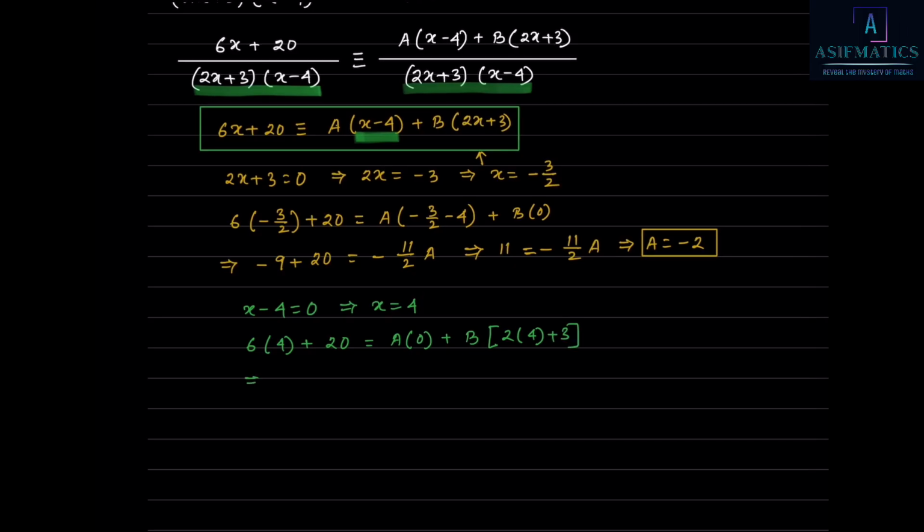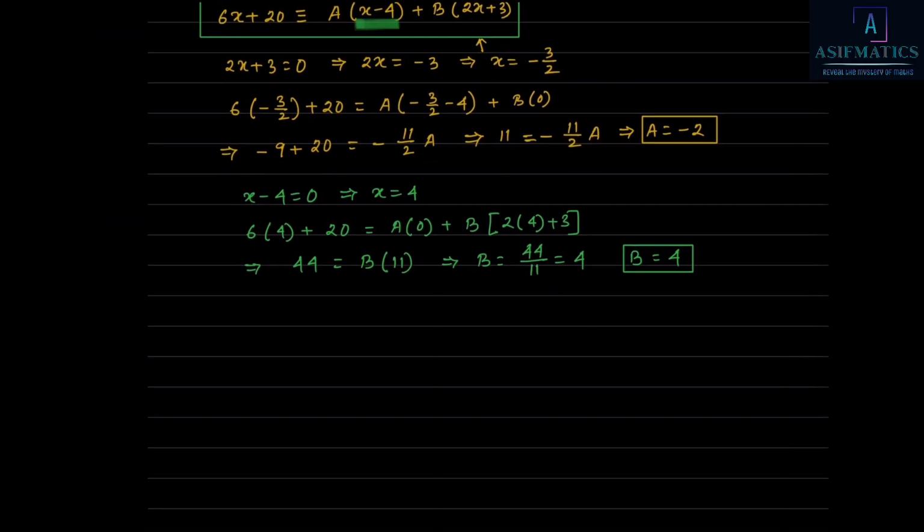So 6 times 4, 24 plus 20, that is 44, equals b times 8 plus 3, which is 11, or b equals 44 by 11, which is 4. So our b equals 4. That is the b result.